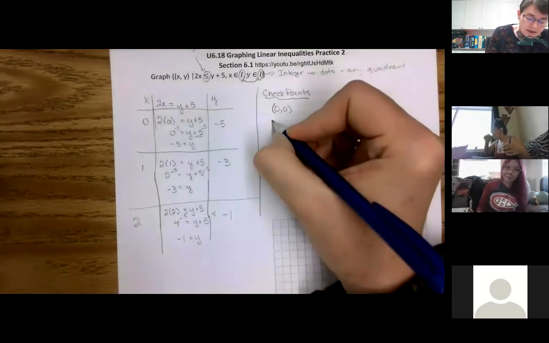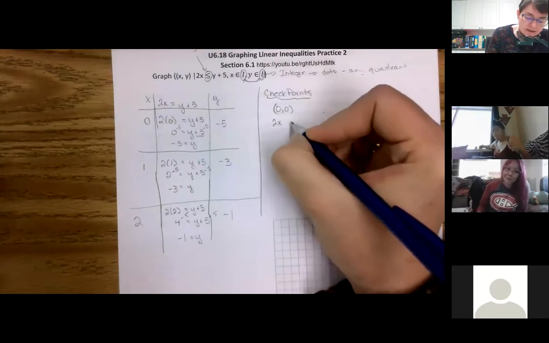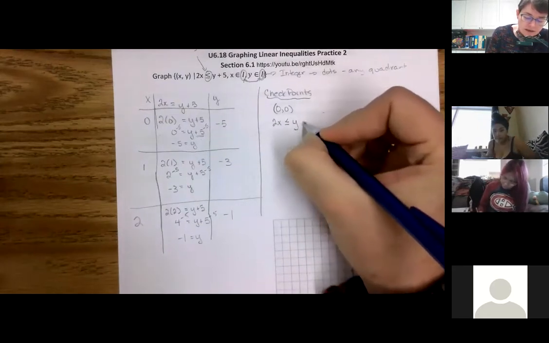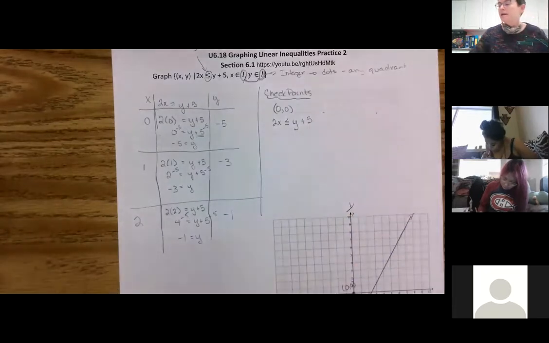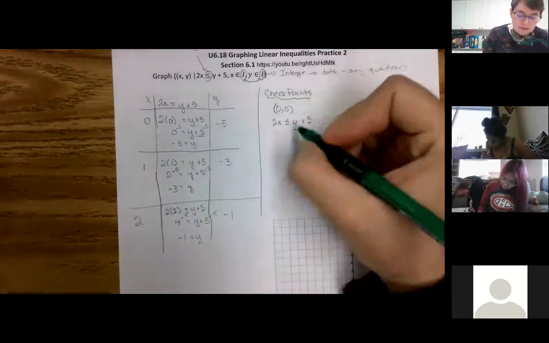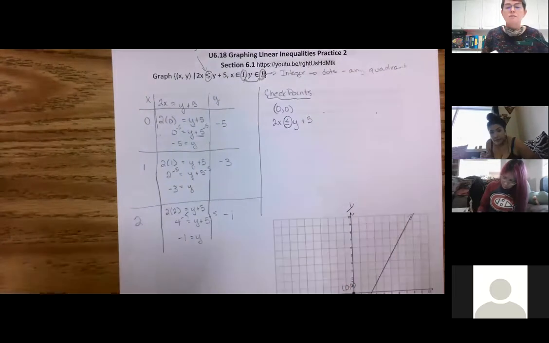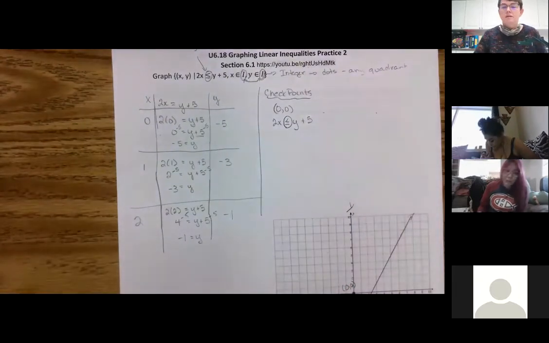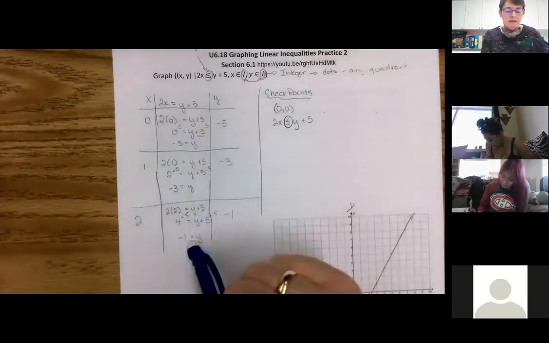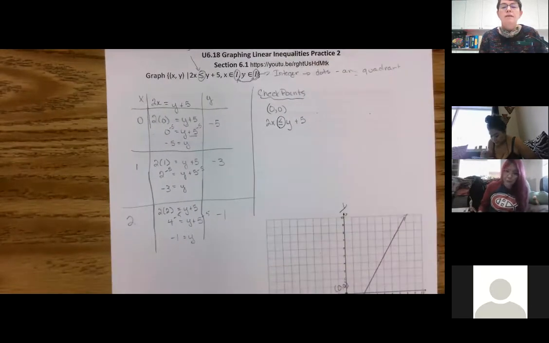But I'll just tell you the first time. 2x less than or equal to y plus 5. The key: that inequality comes back. We get rid of it to do our line, but when we're doing the checkpoints, you need that inequality again. Otherwise, it's not going to work.